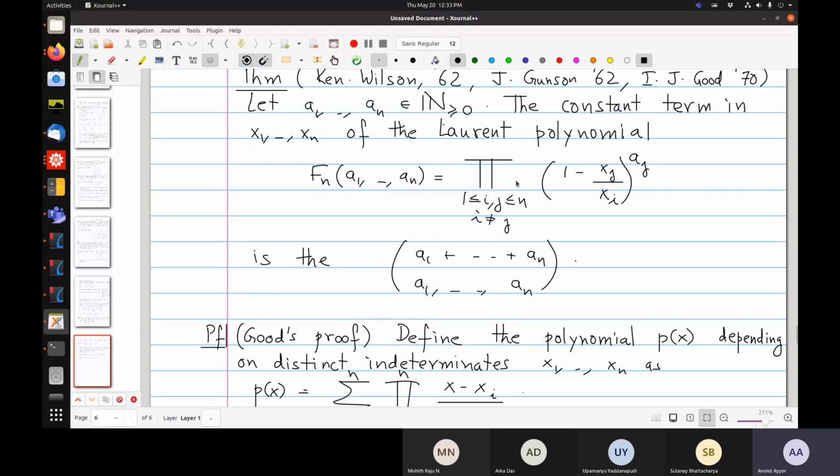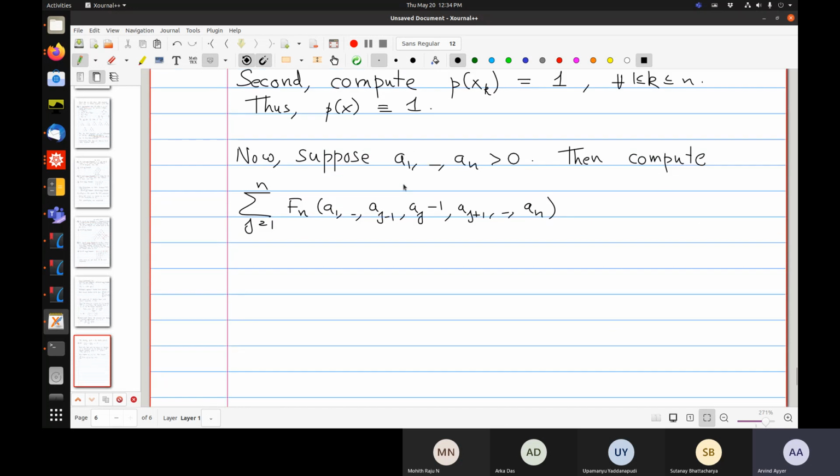So everywhere you'll have the same term. It'll be the same as F_n, except for having one less term when you look at the jth entry. Okay, but what does that mean? Since this is a product, I'll take out F_n common. So this is equal to F_n of a_1 up to a_n, the same things, and now I'll sum. What are the other factors? j equals 1 to n.